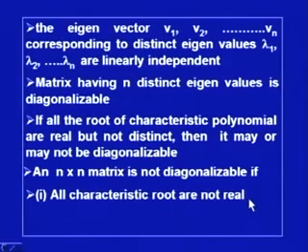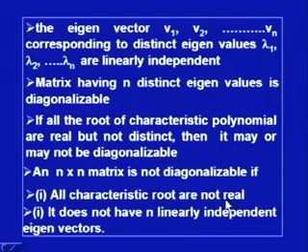So, if we have complex roots, then of course the matrix cannot be diagonalized, but if they are real and distinct, it can be diagonalized. And the second is, if it does not have n linearly independent eigenvectors, then again it is not diagonalizable. Now, the theorem which we have discussed is useful in diagonalizing the matrix.